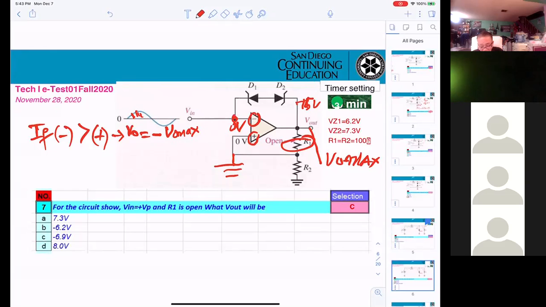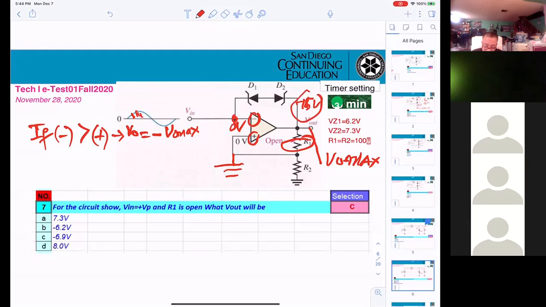Which one is working normal? D2 is normal, D1 is in breakdown. Okay, so the first thing, you get a minus 15 here.